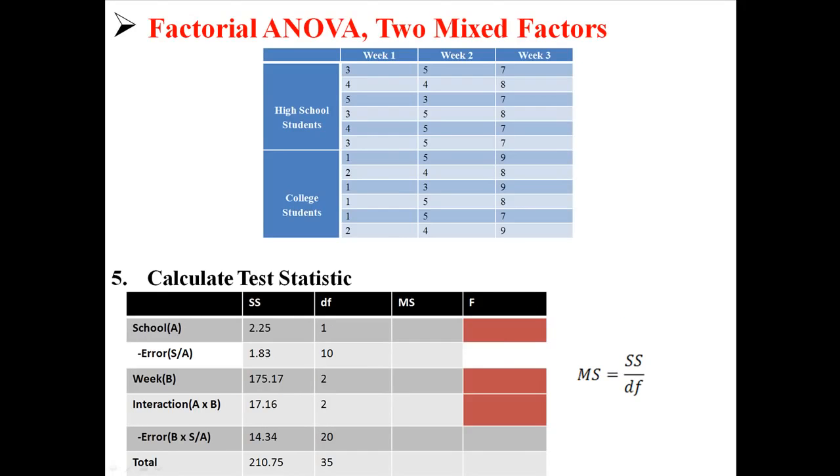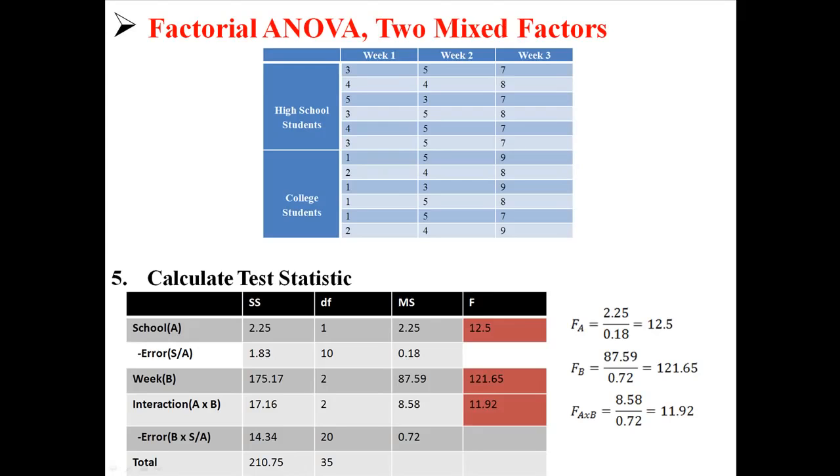Remember that mean square is just sum of squares divided by degrees of freedom. So for example, for mean square school, we just take 2.25 divided by 1, and we get 2.25. For error, we just take 1.83 divided by 10 and get 0.18. You just divide across, so once you're that far, it's not that hard to find mean square. And next we just have to find our last F's. These 3 F's, which we find by taking our MS effects and then dividing them by their associated error terms.